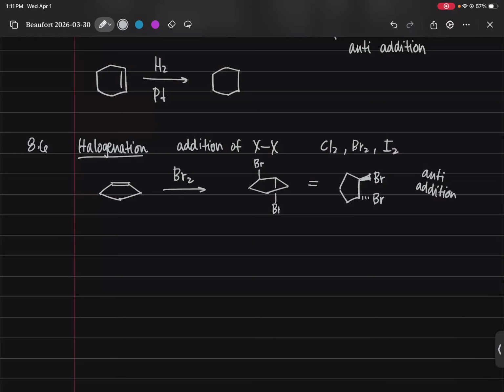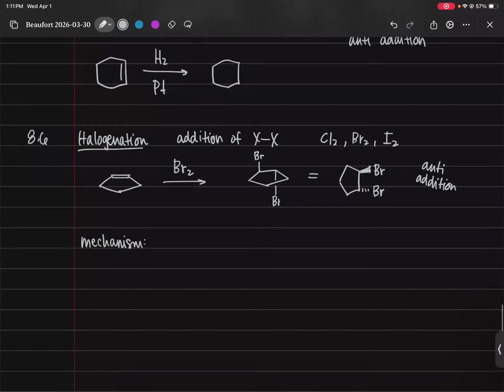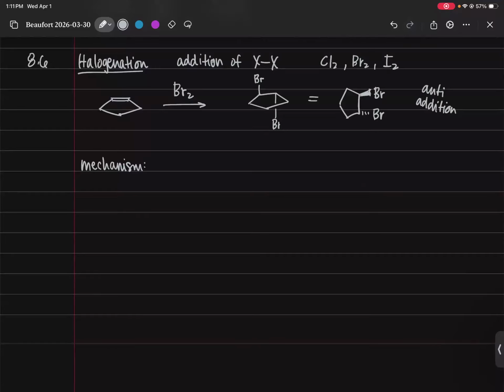But so halogenation like this is anti. And the mechanism explains why that is. It's a bit of a bizarre mechanism. So we've got our alkene, and then our reagent is diatomic halogen.